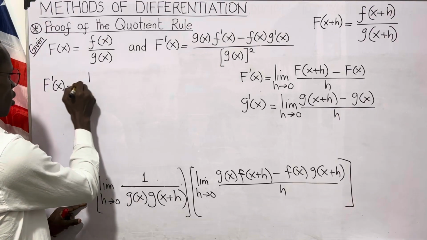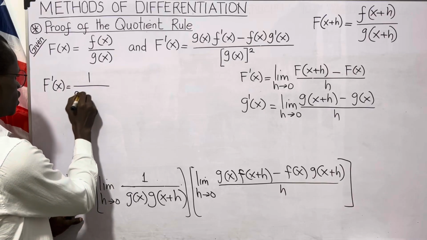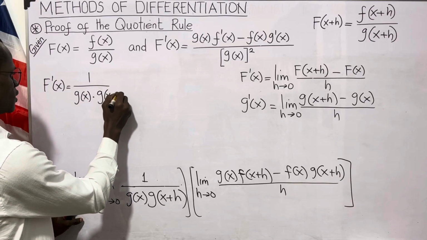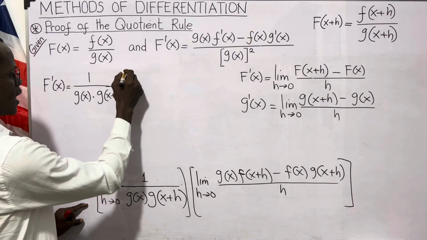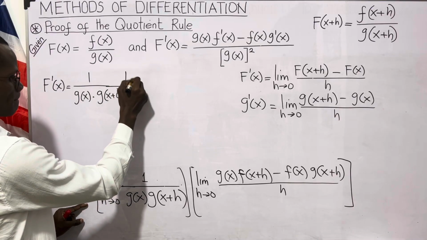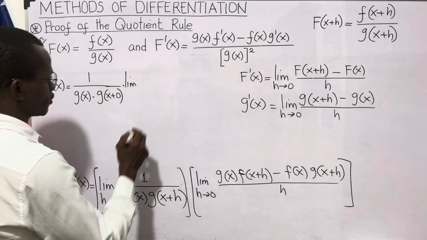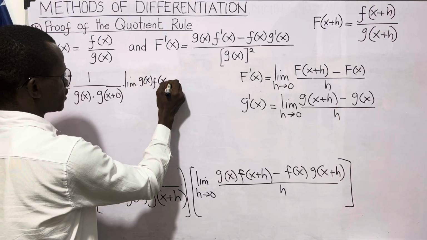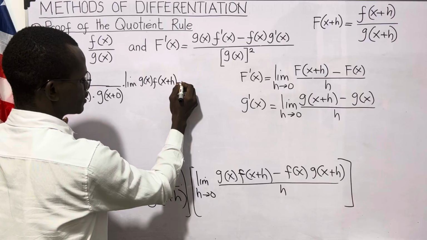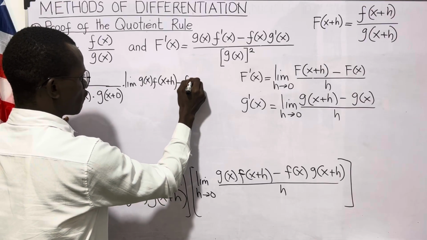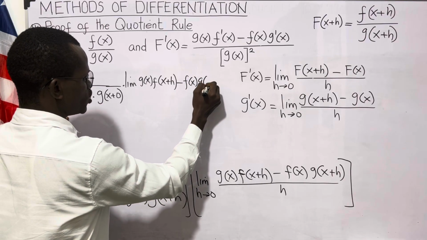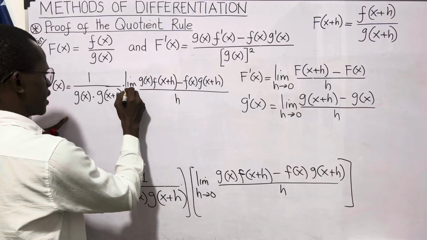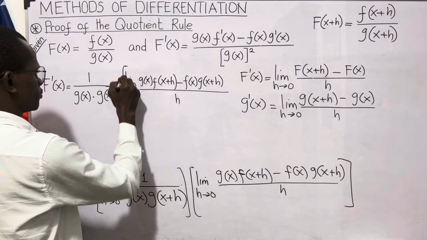So we have 1 all over g of x times g of x plus 0, times the limit of g of x times f of x plus h minus f of x times g of x plus h, divided by h, as h is approaching 0.